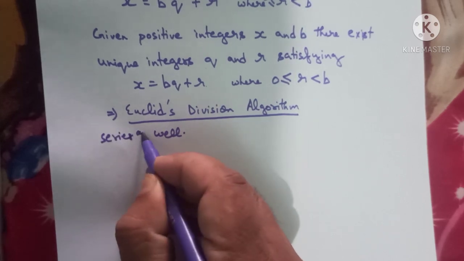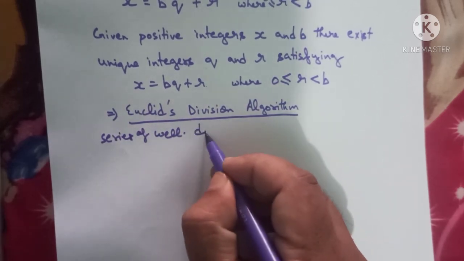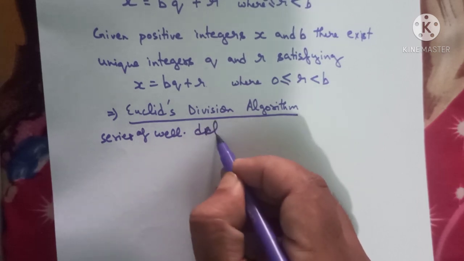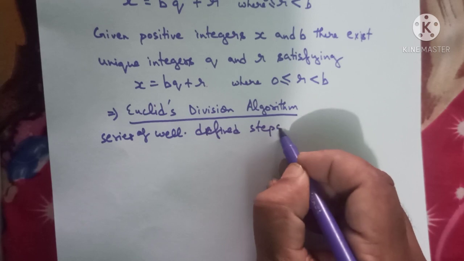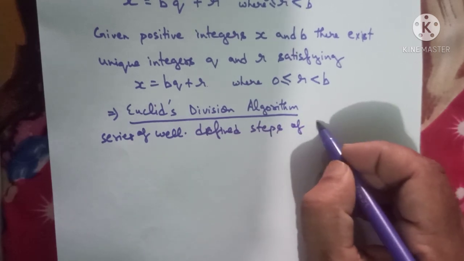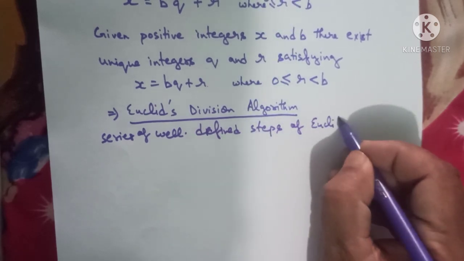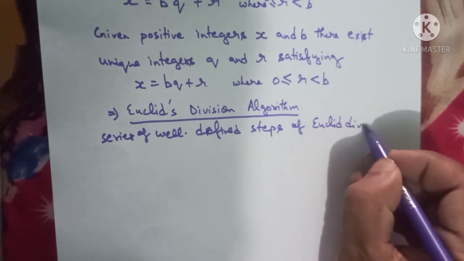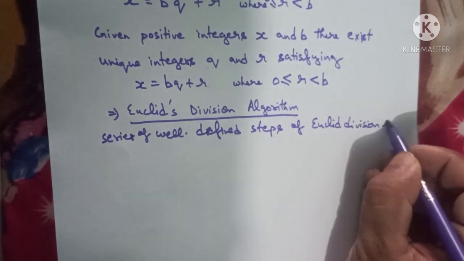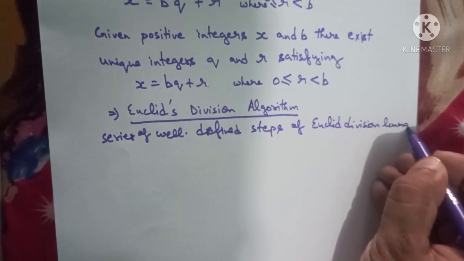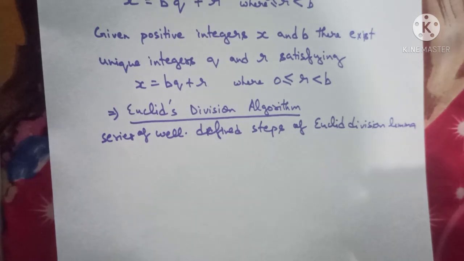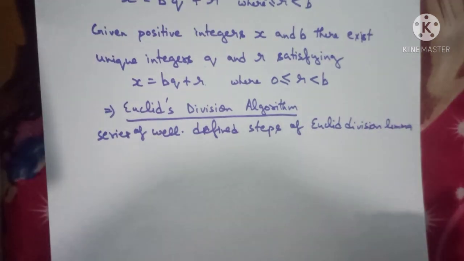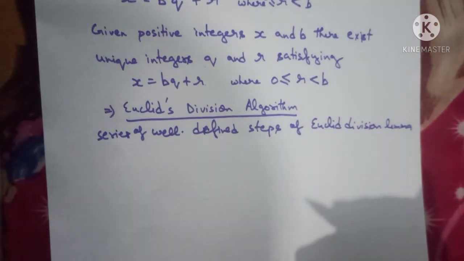A series of well-defined steps of Euclid division lemma is called the Euclid division algorithm. If we are applying Euclid division lemma several times, then it is called the Euclid division algorithm.